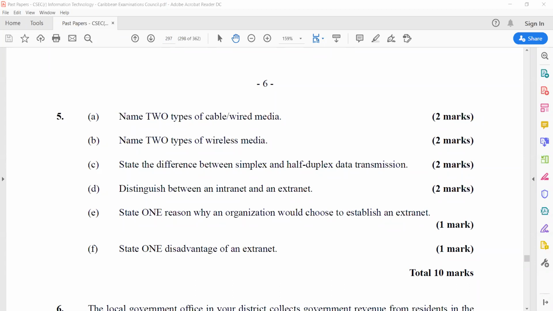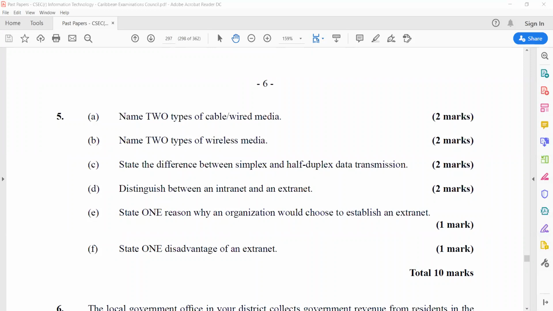An extranet is designed to allow authorized users outside of the private network access to the intranet. So the intranet is internal only. The extranet allows persons from outside to connect.